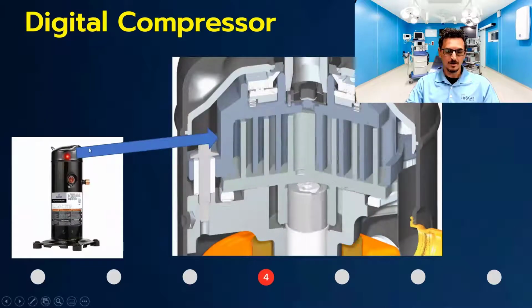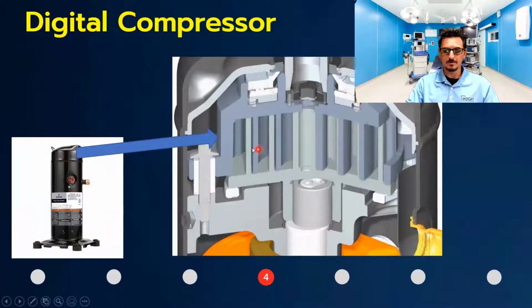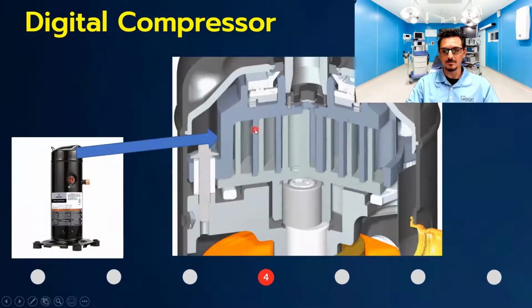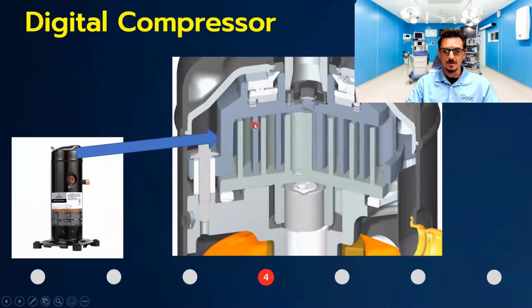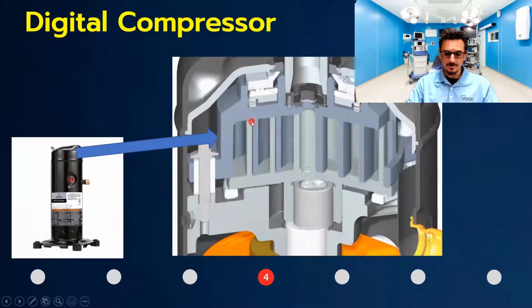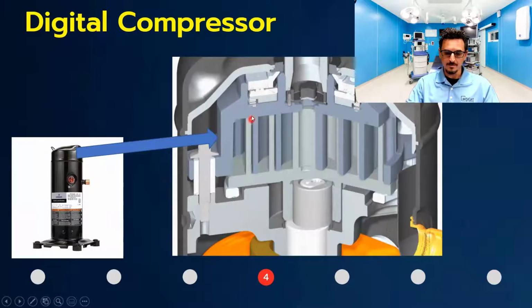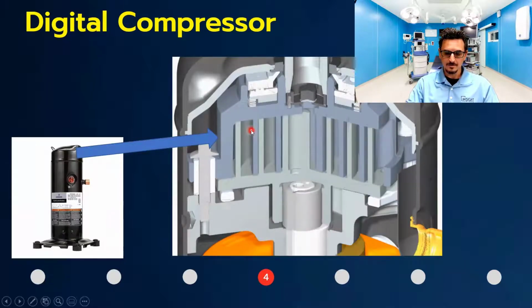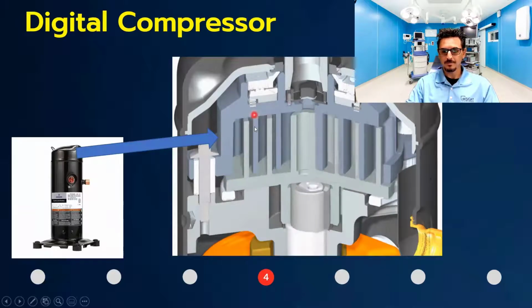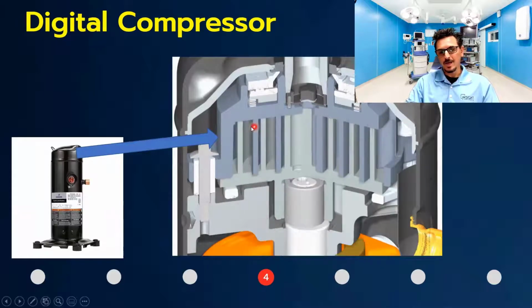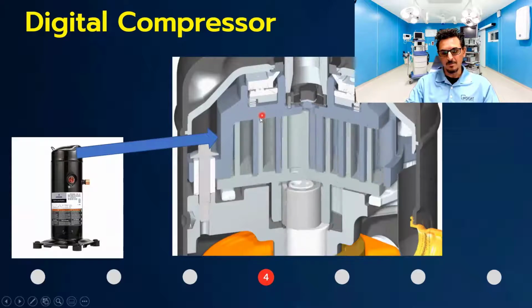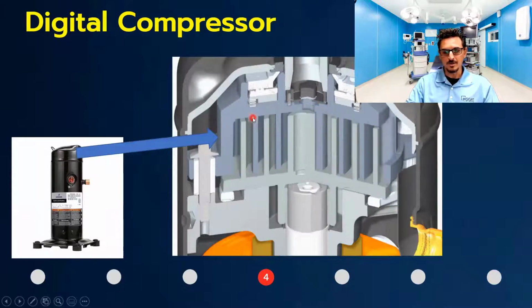So if we were to look at a cutaway here, this is what we would see inside the scroll. And you could see every few seconds, the top plate lifts up and it goes down, lifts up and it goes down. So what's happening is when this plate is up, no compression is going on.